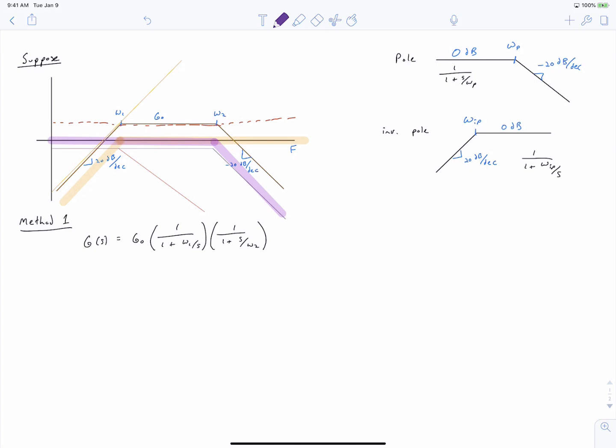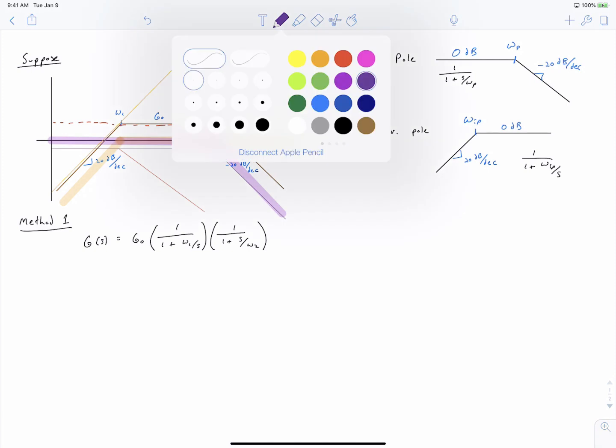So now we had three operations. We had to combine our zero at the origin, which was this, with one pole and a second pole. And we have one more thing we have to do, which is we have to figure out the gain for that zero at the origin.